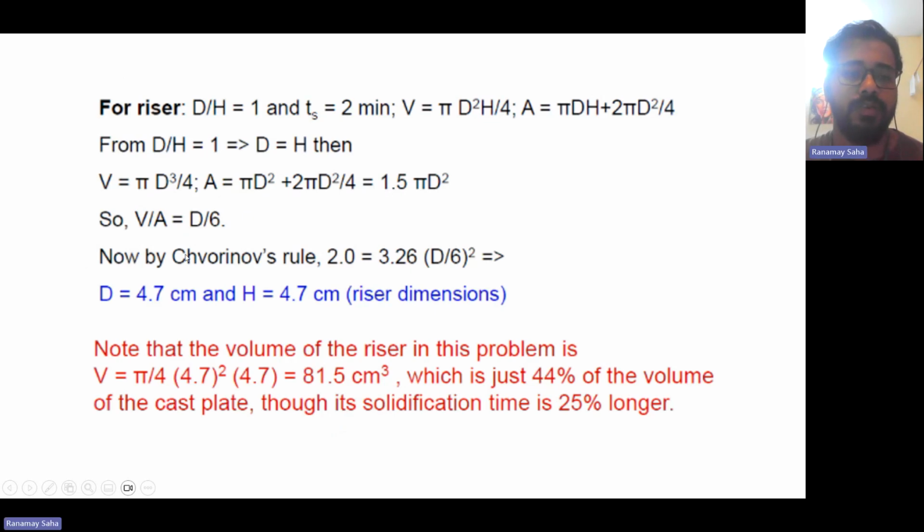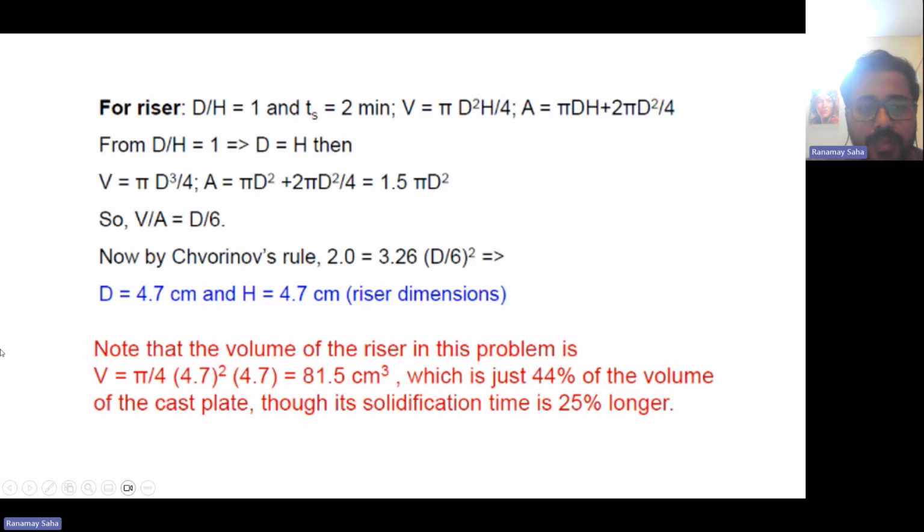Now, by Chvorinov's rule, you can equate the new solidification time t, that is 2 minutes, equal to the mold constant 3.26 multiplied by the V by A ratio, that is d by 6, squared. Equating that, you find d is 4.7 centimeter. Similarly, h equal to d is also 4.7 centimeter. So these are the results you are getting as per Chvorinov's rule.